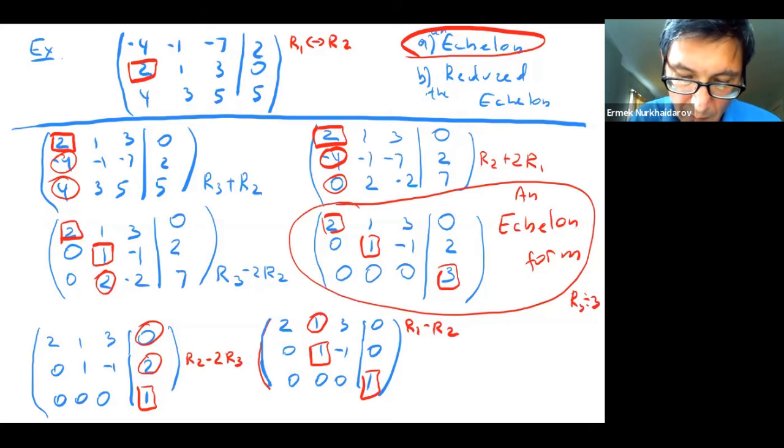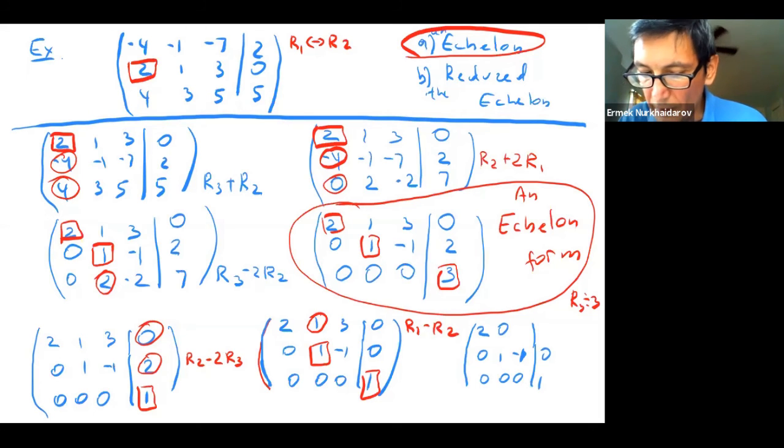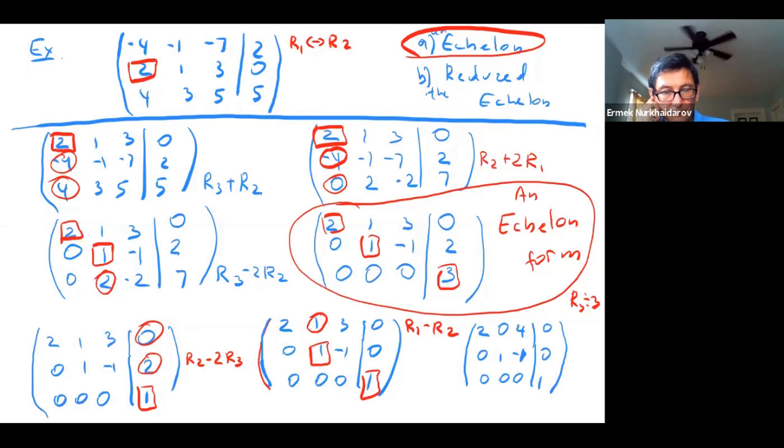We copy the last row, 0, 0, 0, 1. Copy the second from the bottom, 0, 1, -1, 0. And we do subtraction here. So we're going to get 2, 0, 4, 0: 3 plus 1 is 4. The last pivot is taken care of.